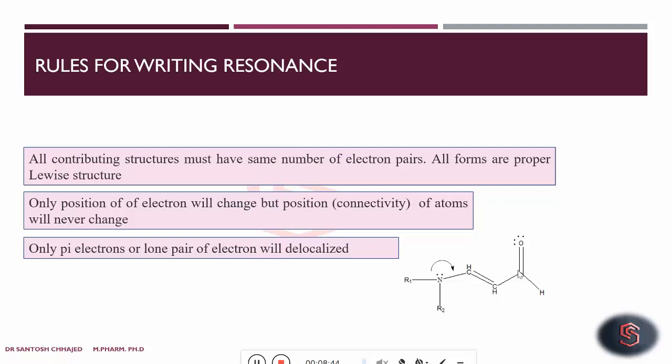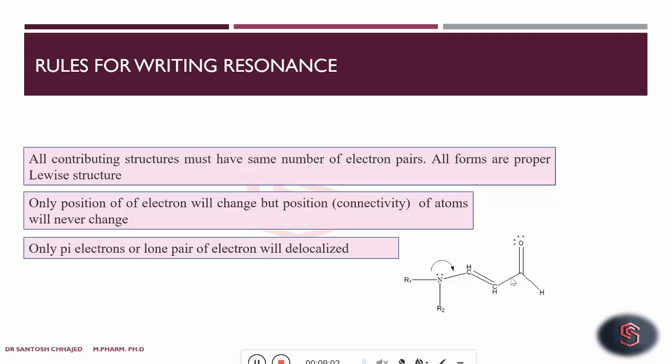Here the reason for resonance is this carbonyl carbon. This carbonyl carbon, which is electron deficient due to the oxygen, as a consequence is in search of electrons. So the pi electrons will become migrated over here.